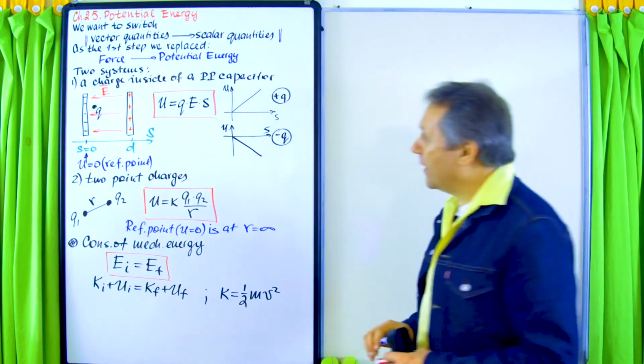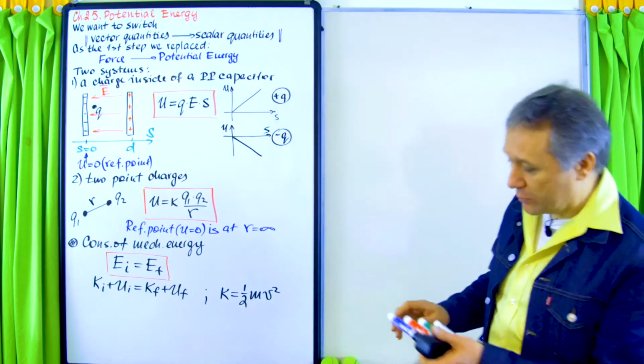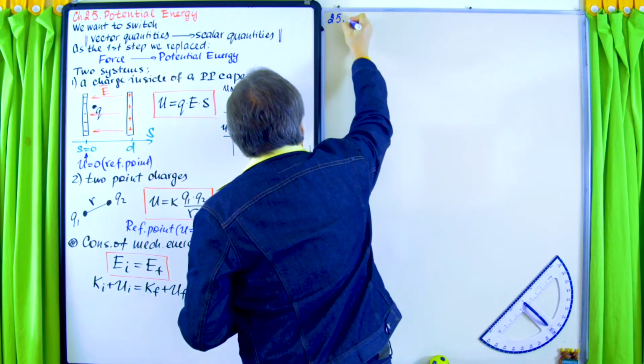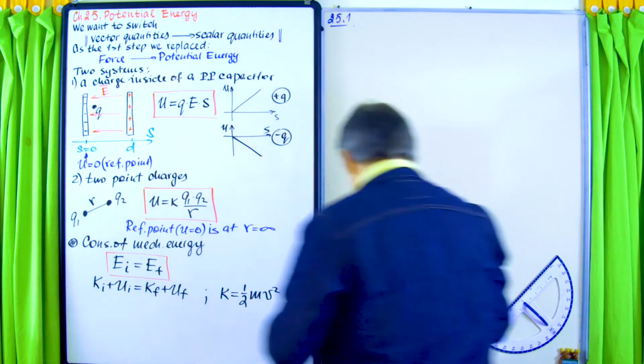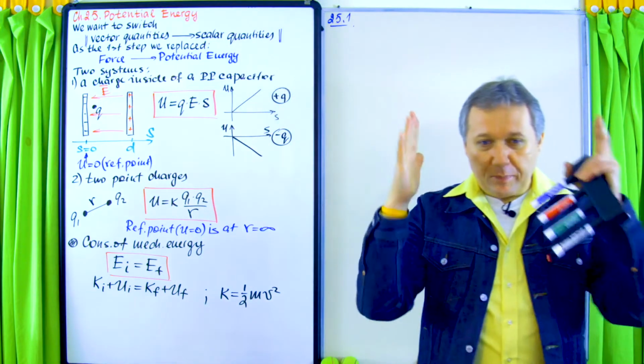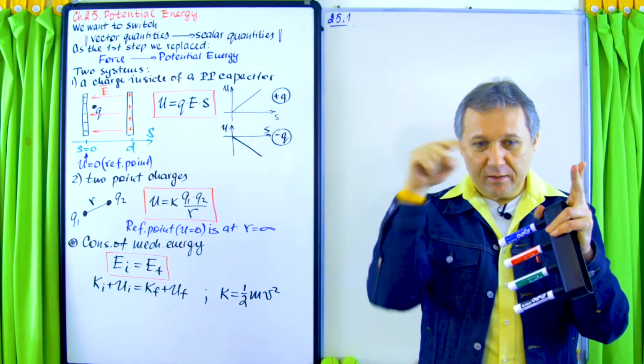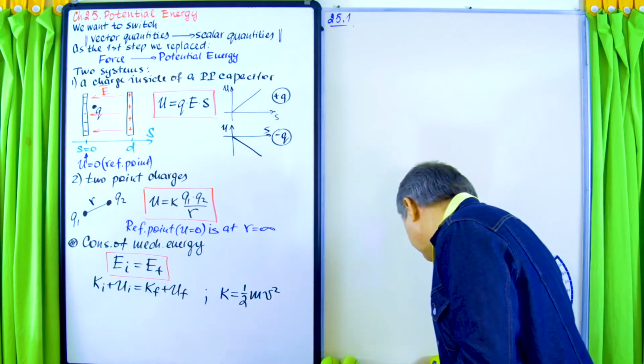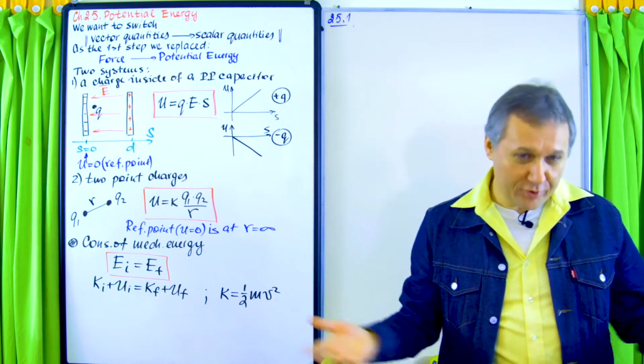So first one, 25.1, it's still chapter 25. So what do we have here? A capacitor and a charge inside. Actually, it's an electron, a point charge electron.